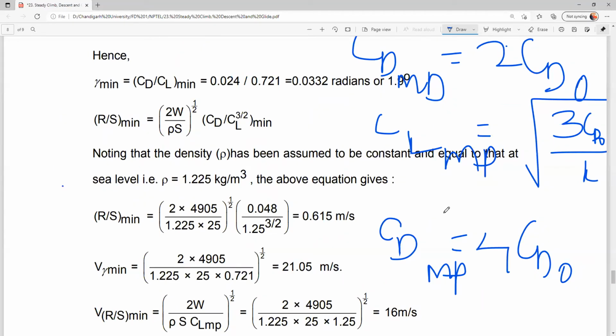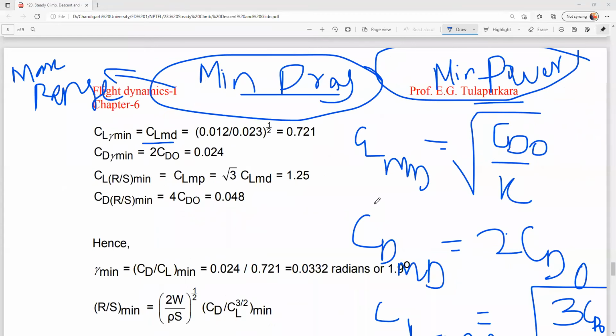We have already derived these formulas. So substituting that, we can get CL gamma minimum, CD gamma minimum. Okay, so 0.721 and 0.024 because we know the CD naught and K value. So substituting that, we will get these parameters.